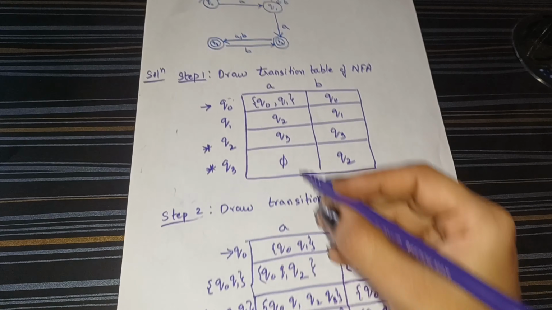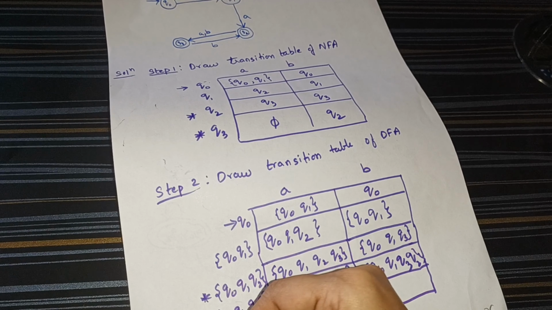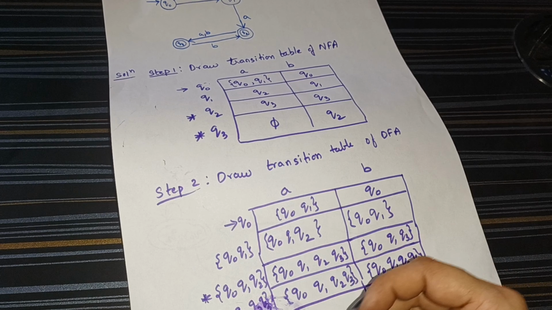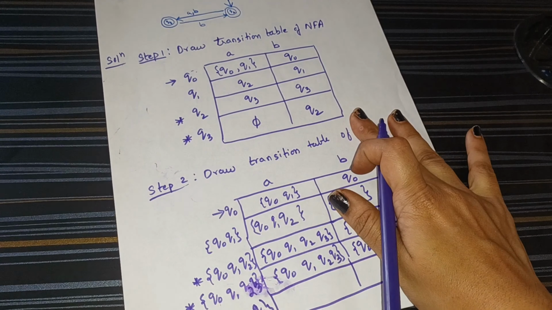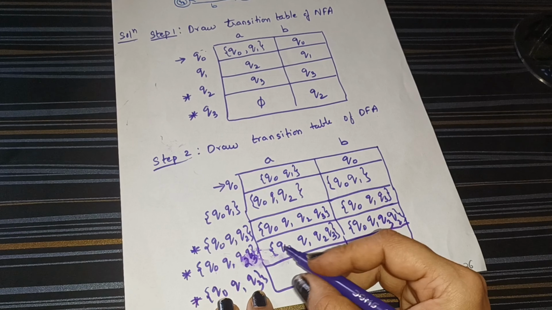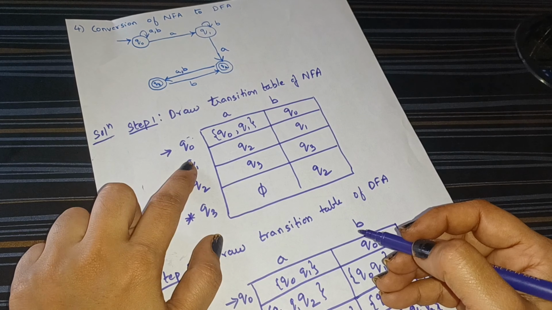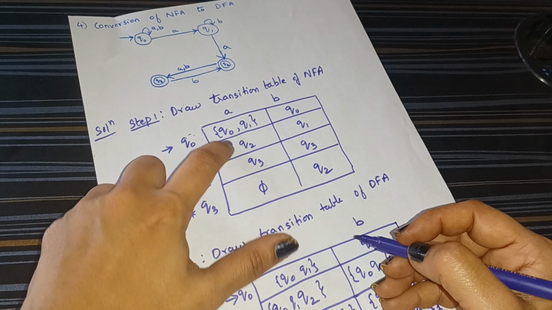Q3 is a final state, so we will take this as a final state. Q0, Q1, Q3 on A, where is it going? We have to check only these three values on A.